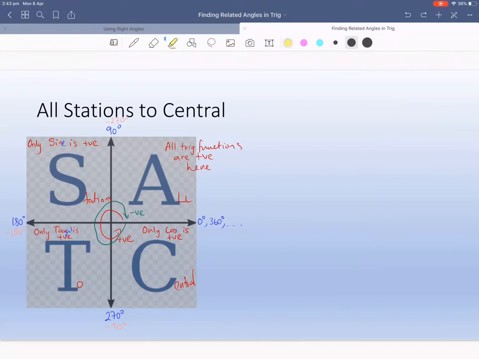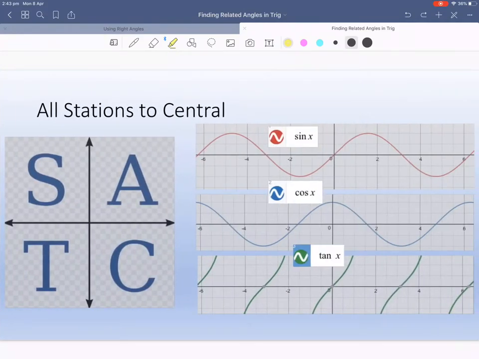So why does this happen? Well, I've got the next slide ready. I've got the trigonometric ratios. I've got sine, I've got cos, and I've got tan, okay? Now I'm going to put some information in which is really important. Here is 180 degrees, so it's the same for all of them. And this one here is 360 degrees.